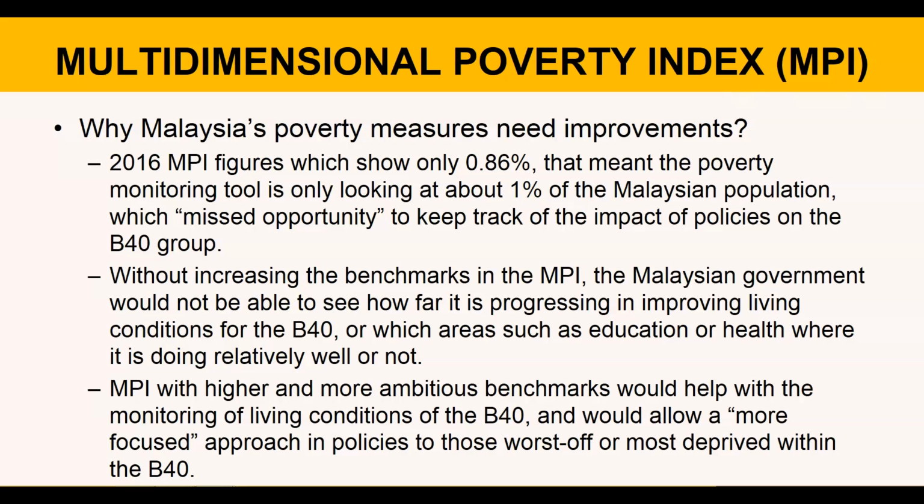Without increasing the benchmark in the MPI, the Malaysian government will not see how far the progress is in improving the living conditions of the B40, and in areas such as education or health, whether it is doing relatively well or not. So an MPI with a higher and more ambitious benchmark can help with monitoring the living conditions of the B40 and allow a more focused approach in policies to those worse off or more deprived within the B40.